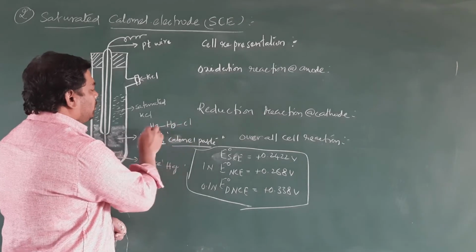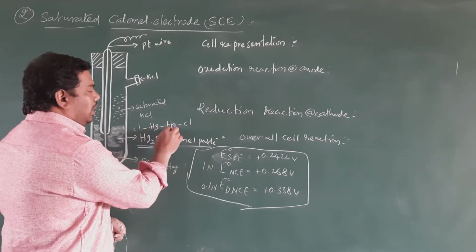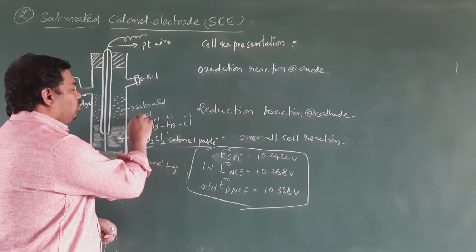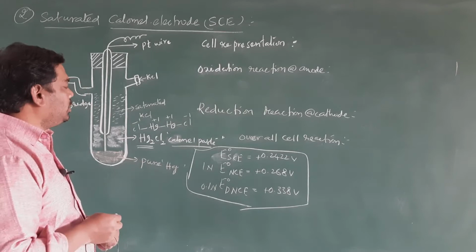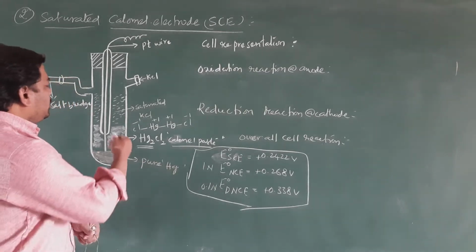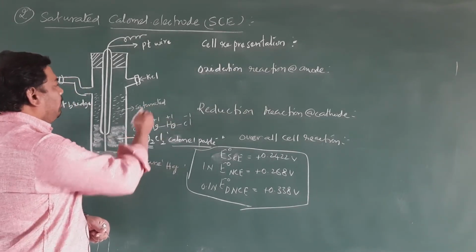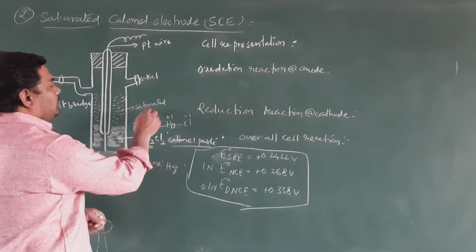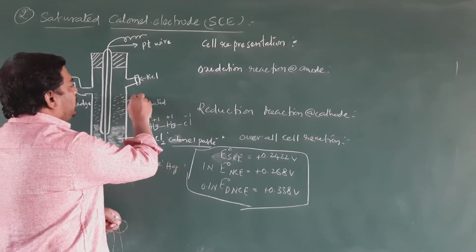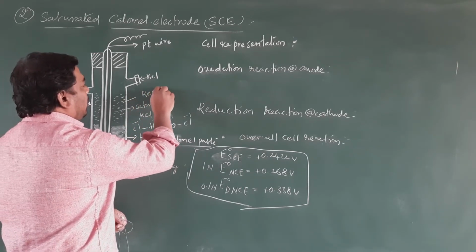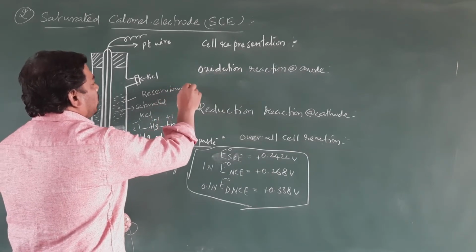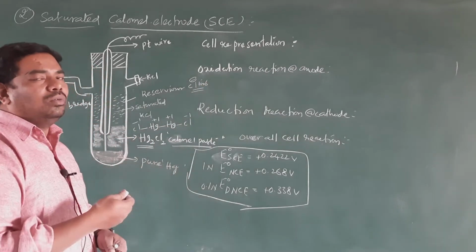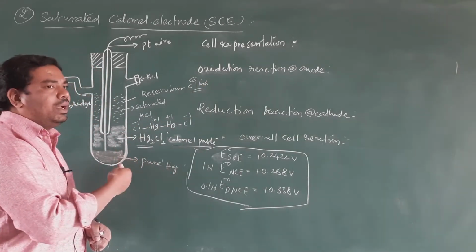So this is Hg2Cl2, with Hg2 2+ and Cl minus. This mercurous chloride is covered with saturated potassium chloride solution. Please remember, students, this potassium chloride acts as a reservoir of chloride ions.